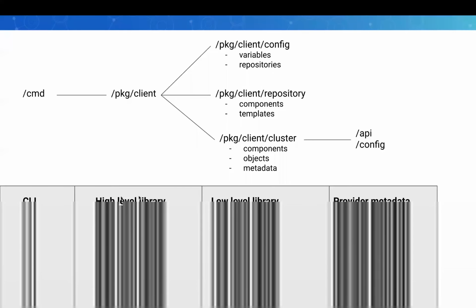Why do I call it a high-level library? Because the abstraction is really the same that the CLI is proposing. So if in the CLI there is the init command that does a bunch of things, in the high-level library you will find an init command that is exactly the same.